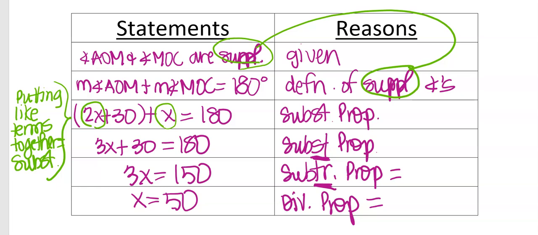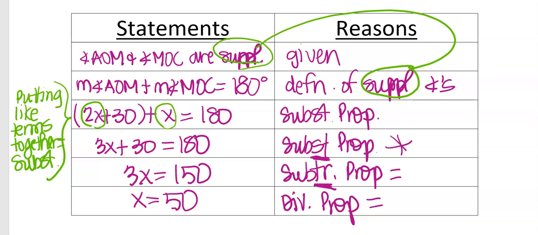You're going to just do as much as you possibly can. A lot of times your last reason in algebra is division. Okay, so that's a common one. You could guess if you wanted, but you may not get all of them. Anytime you're only doing something to one side and you're putting like terms together, that's substitution. So this one will be a common one as well.